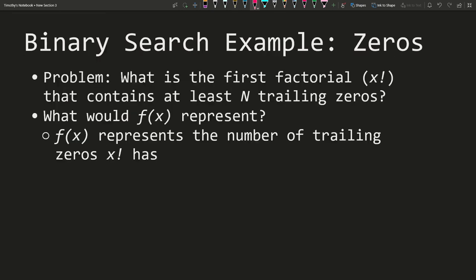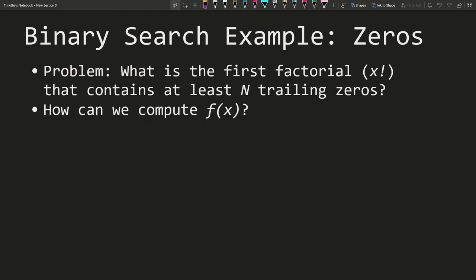Okay, so now going back to the binary search example of zeros, the overall problem is what is the first factorial that contains at least n trailing zeros? So in this case, what would our f of x represent? Well, f of x represents the number of trailing zeros x factorial has. So then the question becomes, how can we compute f of x?